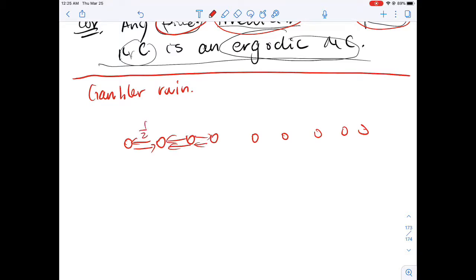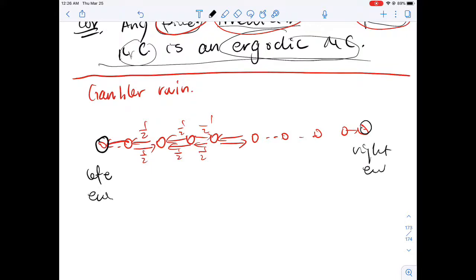Half of the probability goes to the left, and half goes to the right, and so on and so forth. Now there are only two special states here, the left end and the right end. In these two special states, it never goes out again. Once we hit the state, it will stick to the state forever. So this is a Markov chain.